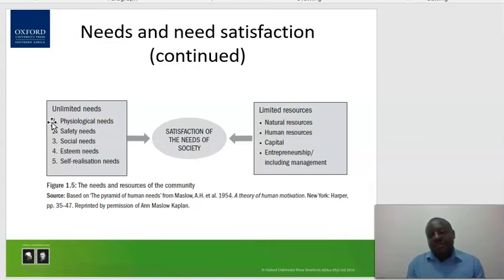When we say free from harm, we are referring to whatever harm, be it physical, social, or emotional, just the need to feel safe. So once physiological needs are satisfied, the need to feel safe will emerge.